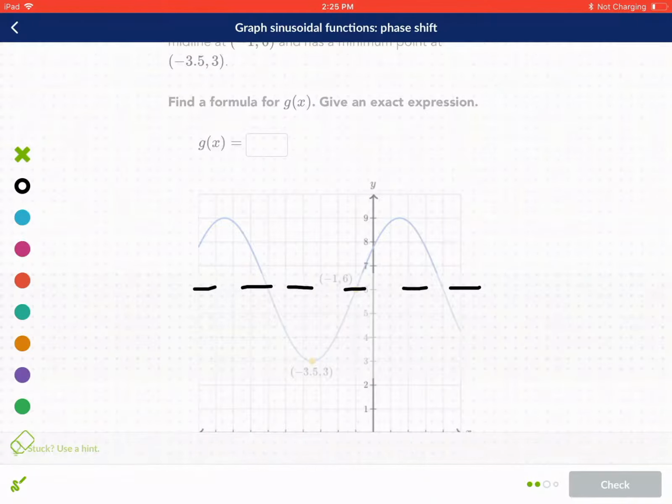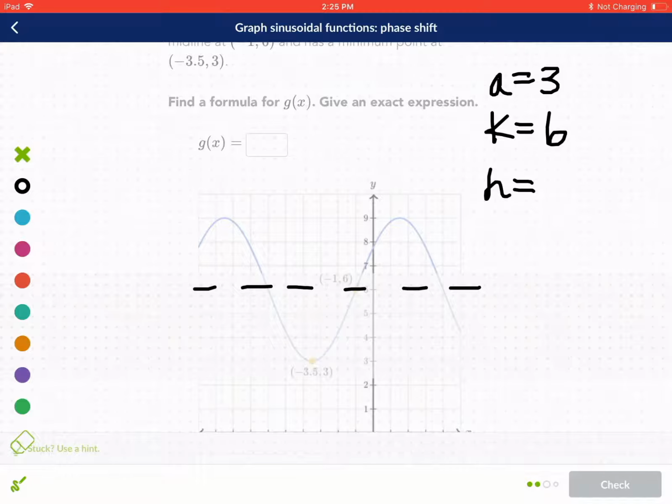So my amplitude is 3. My k value, that midline, is 6. We're shifted, so H, we're shifted to the left, negative 3.5.